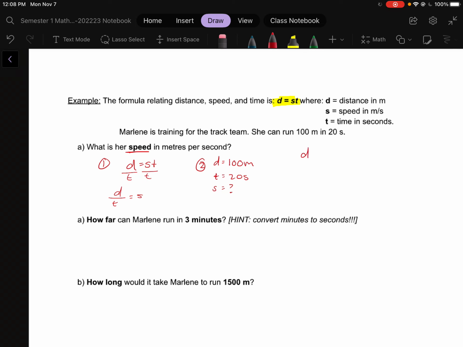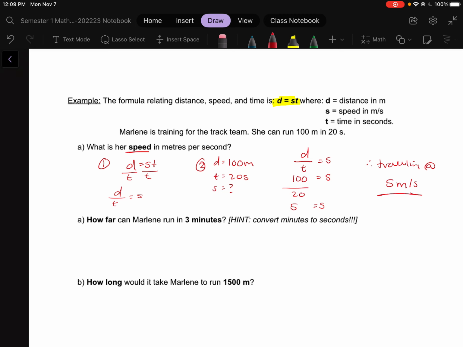So using our formula, D over T equals S, 100 over 20 is going to be equal to 5. So therefore, she's traveling at 5 meters per second.